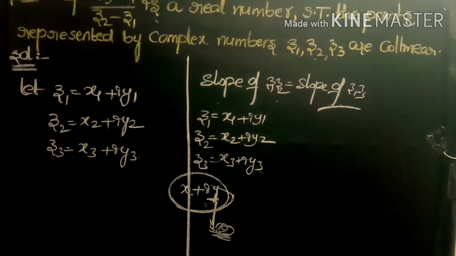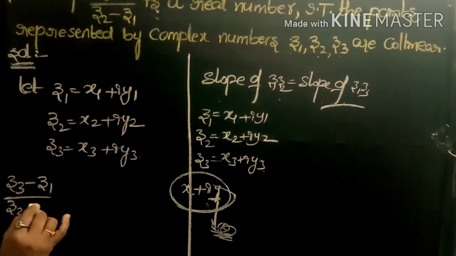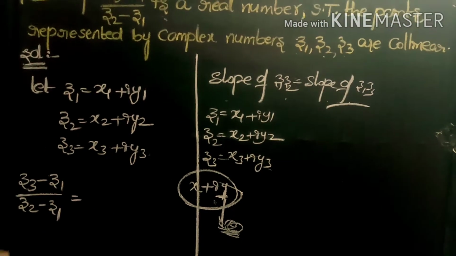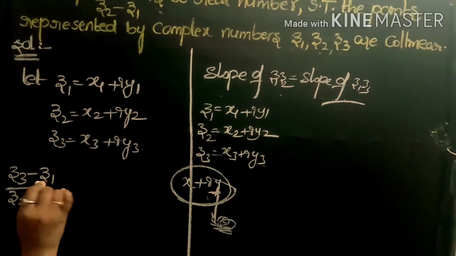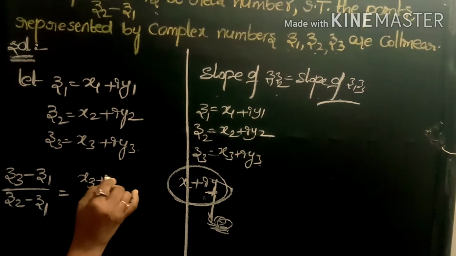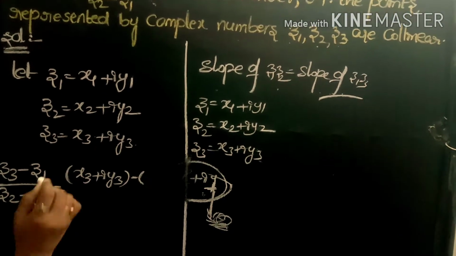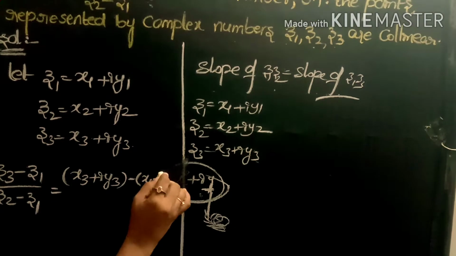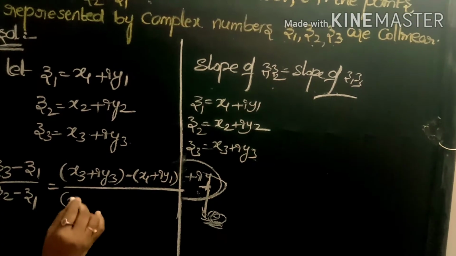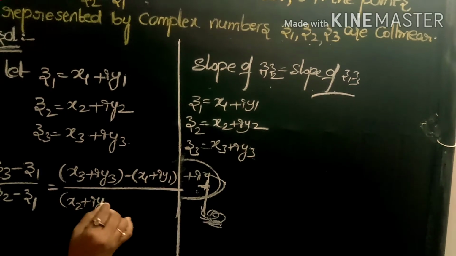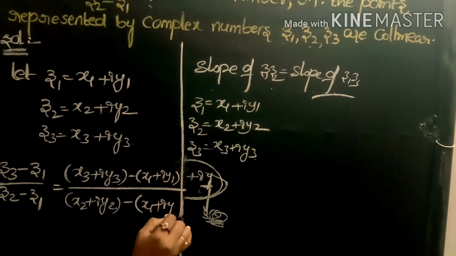Next we take the given number (Z3 minus Z1) by (Z2 minus Z1), and substitute the values: (x3 plus iy3 minus x1 plus iy1) whole by (x2 plus iy2 minus x1 plus iy1).